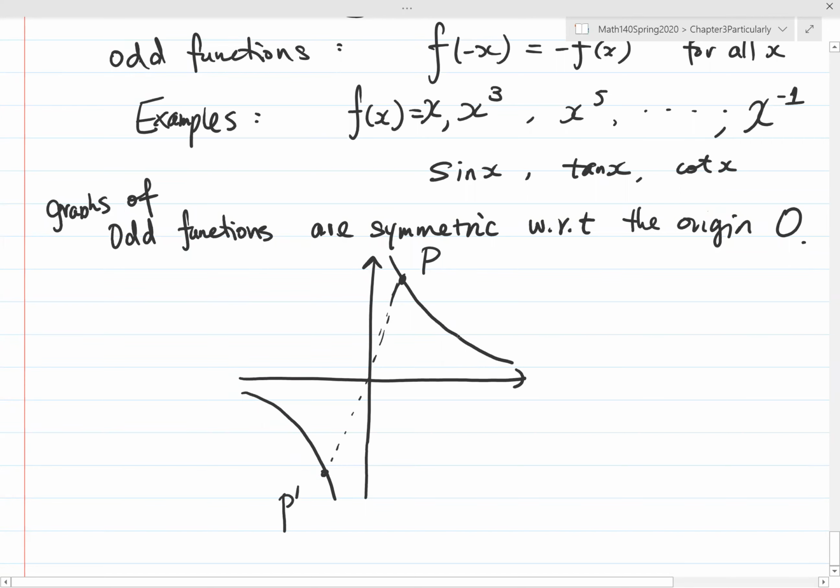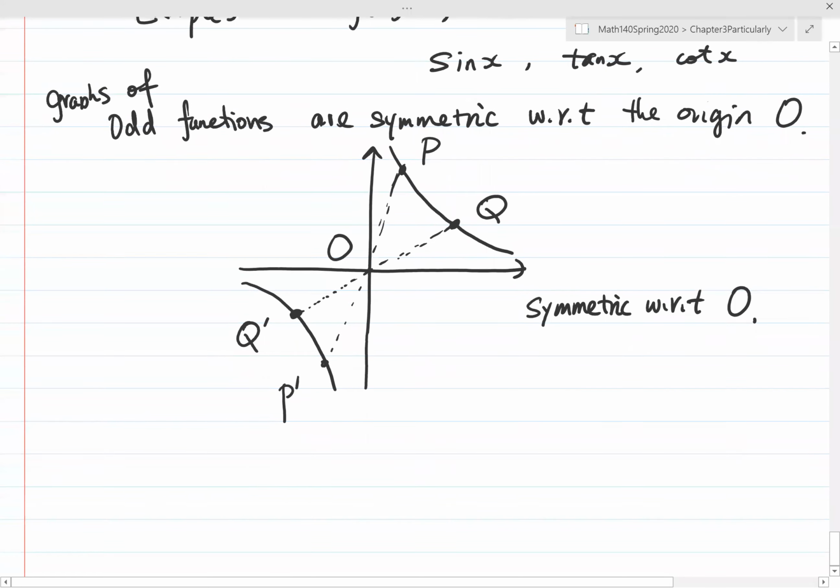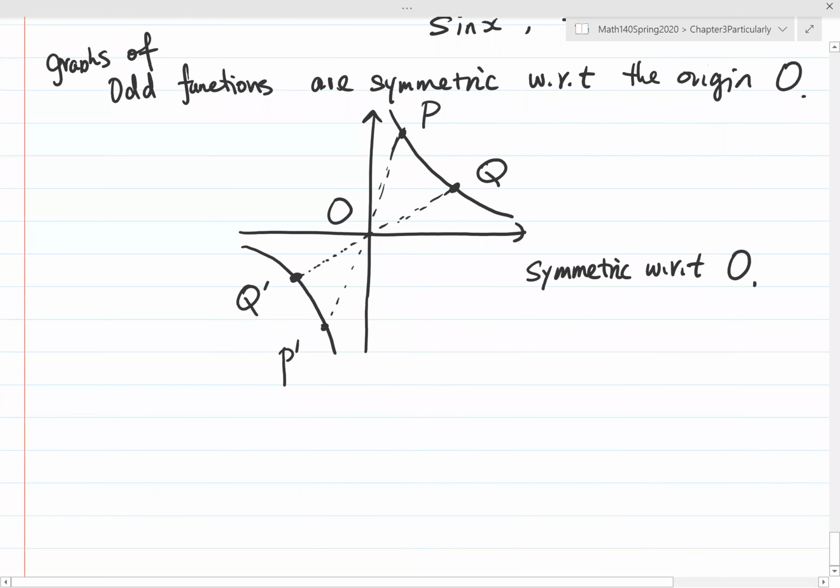Suppose we have point Q; by symmetry with respect to origin O, we have a point on the other piece, Q prime. So we just plot one piece and the other piece follows by symmetry. This can also reduce work.